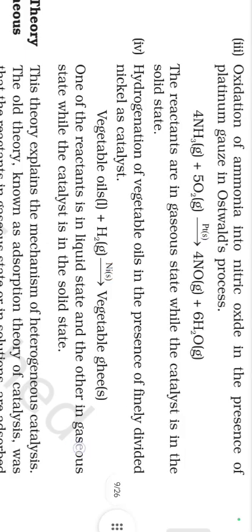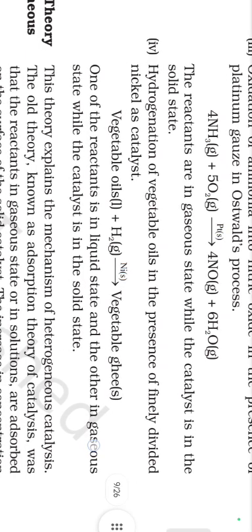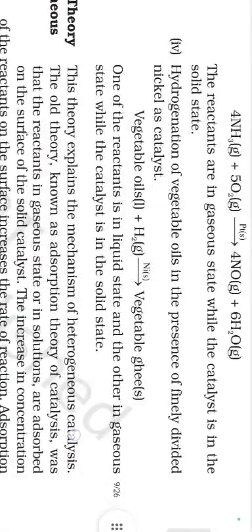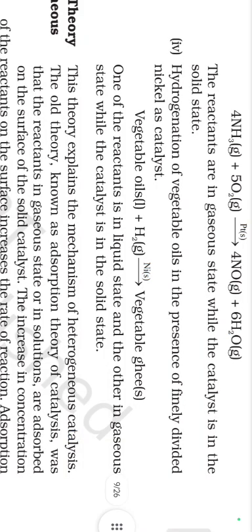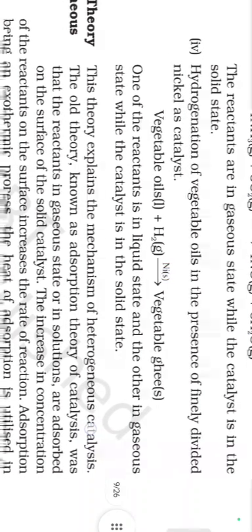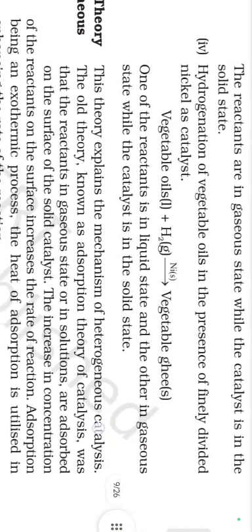Third, oxidation of ammonia into nitric oxide in the presence of platinum in Ostwald process. 4NH3 gas plus 5O2 gas in presence of platinum solid gives 4NO gas plus 6H2O gas. The reactants are in the gaseous state while the catalyst is in the solid state.